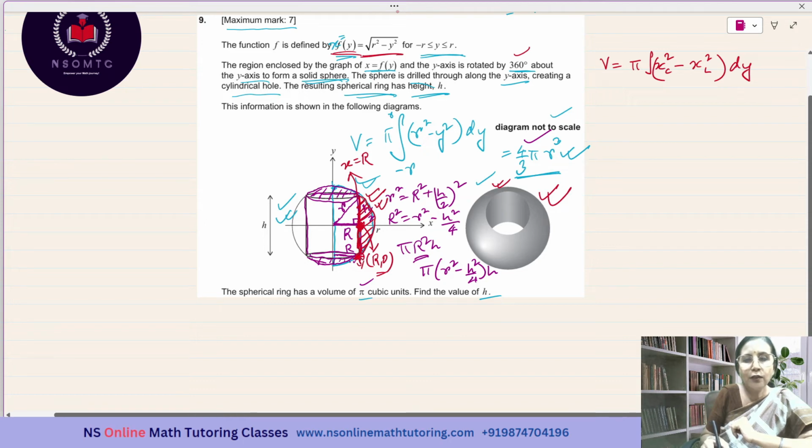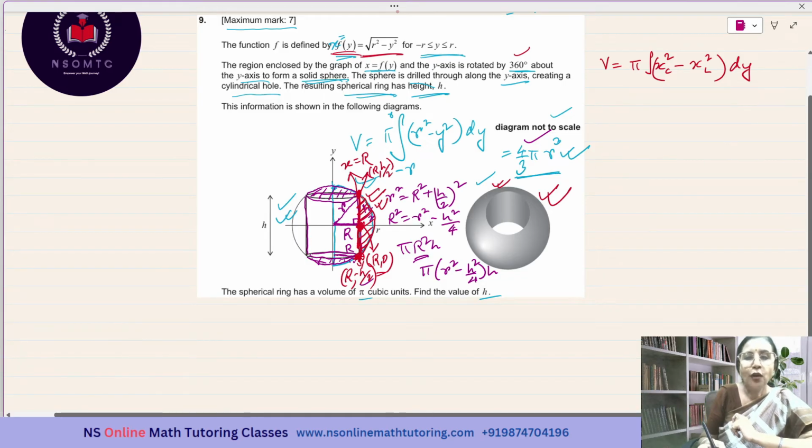The coordinates of this point will be equal to, the x coordinate will obviously be equal to R and the y coordinate will be equal to negative h over 2. And the x and y coordinates of this point will be again capital R and positive h over 2.